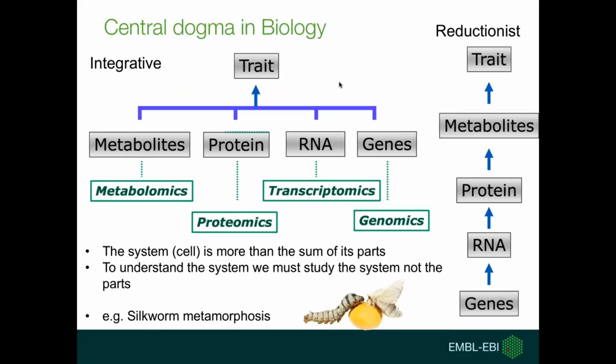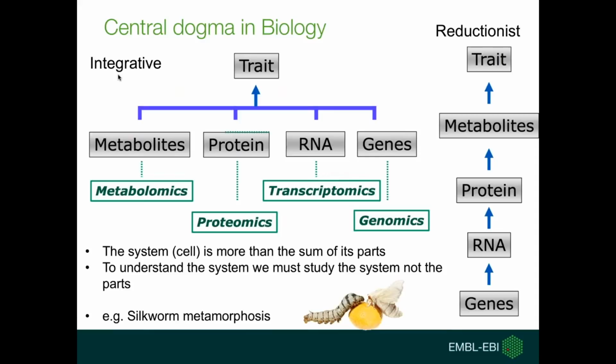So rather than being reductionist, they are now perceived to be integrative, meaning that all systems combine through loopbacks and feedbacks, so that your metabolites can regulate your proteins, or proteins can regulate transcriptomes, and these changes reflect back on how active a gene can be or cannot be. So these things can be studied in a more integrative way.